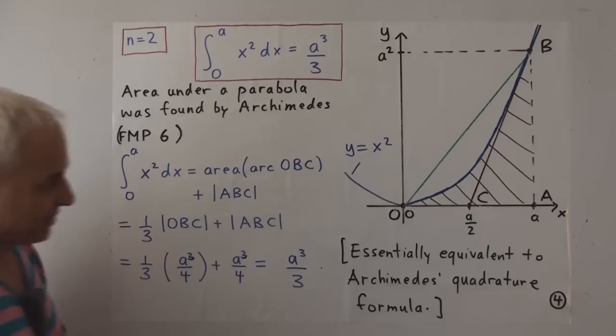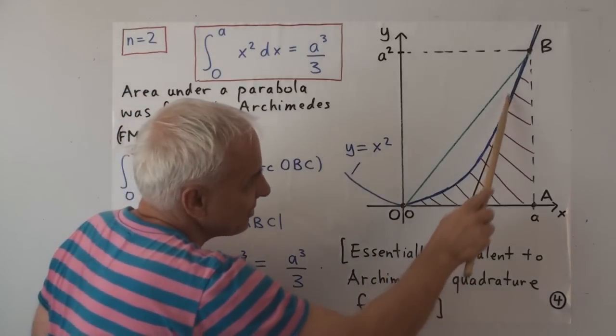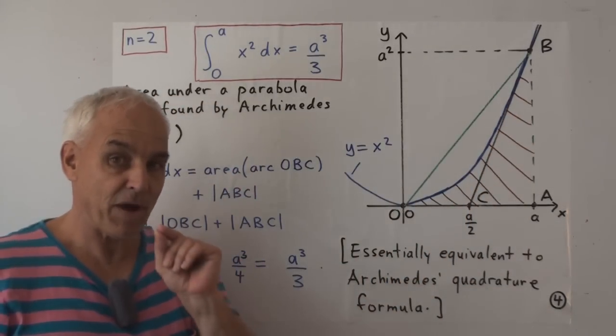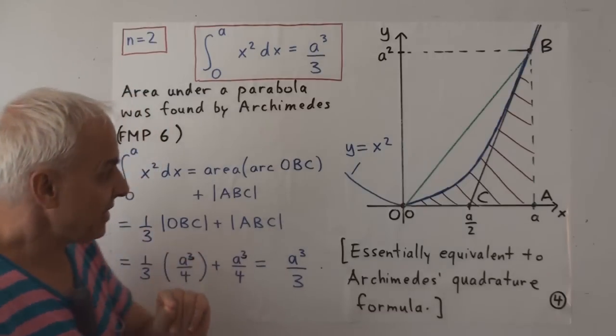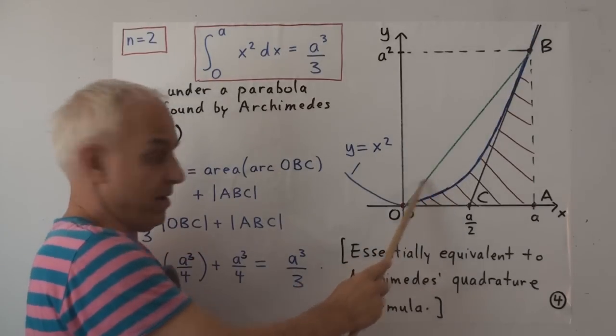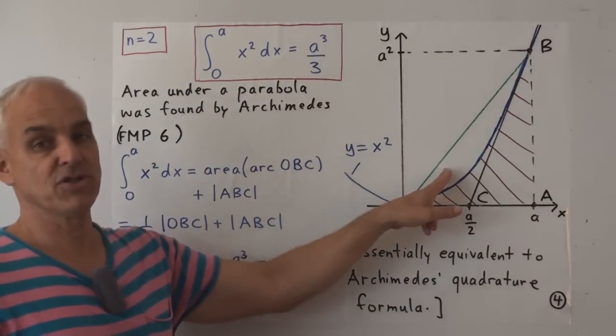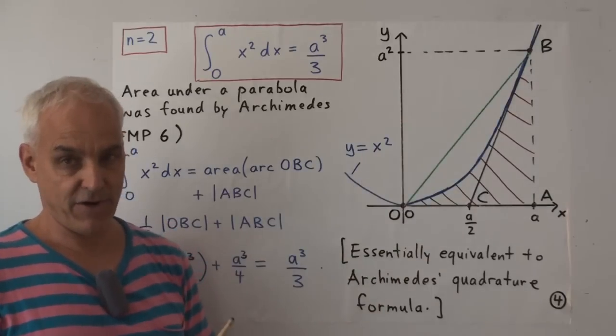Now what do we know about this arc here? Well, Archimedes' result about squaring the parabola was that the area above the parabola contained in this tangential triangle was 2/3 of the whole triangle's area.